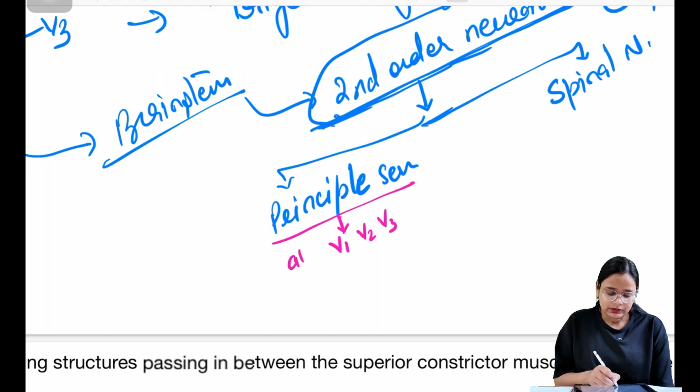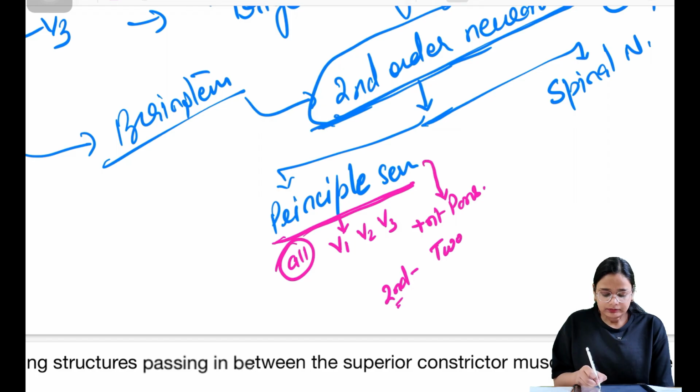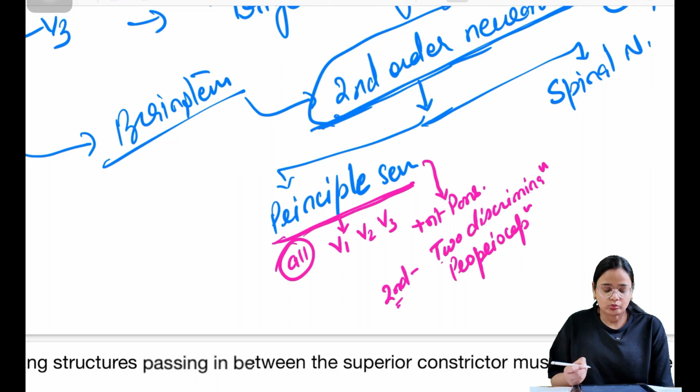So all these parts of the trigeminal nerve give their neurons to the principal sensory nucleus. This nucleus is mainly present in the pons, and it has second order neurons for 2-point discrimination of face and proprioception. So it has two main sensations of the face, which are 2-point discrimination and proprioception.